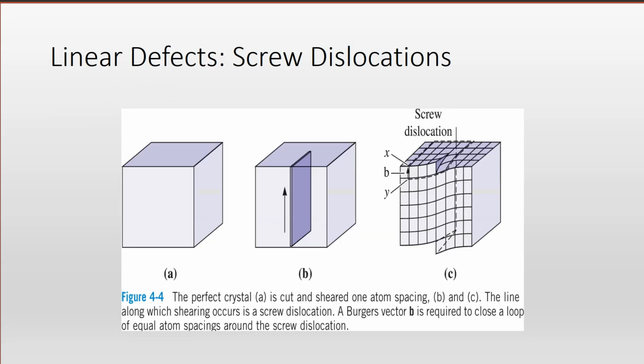So we've looked at point defects. Now we're going to move on and look at line defects. Here we're shown an example of a dislocation. So imagine we have a perfect crystal. If we were to imagine a cut like so, and then we displaced one part of the cut with respect to the other and rejoined it, we would get a dislocation.